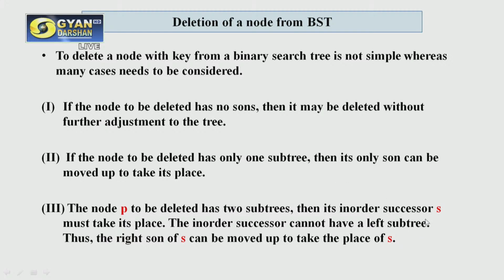Either its in-order successor, say S, must take its place, or the in-order predecessor will take its place. The in-order successor will be the smallest node in the right subtree. But if we replace the node to be deleted by its in-order predecessor, then it will be the largest node in the left subtree.